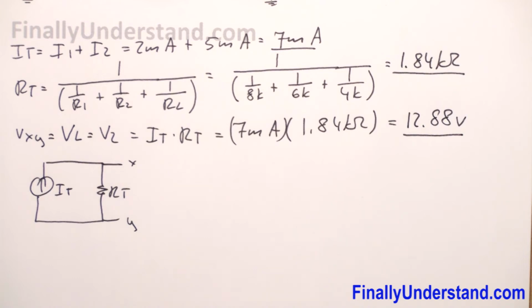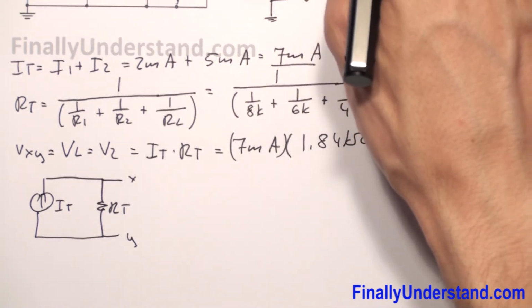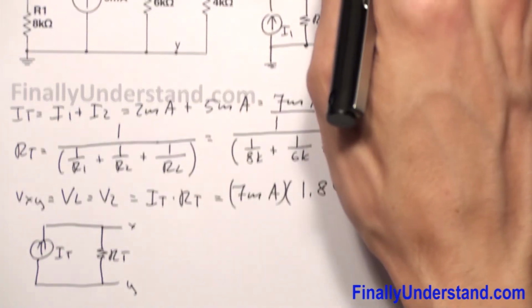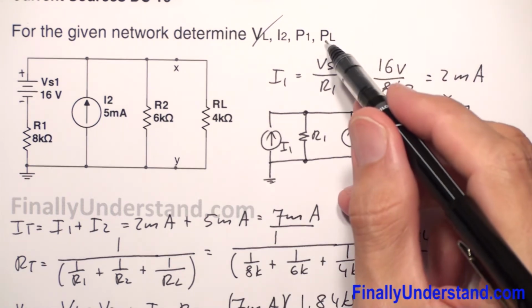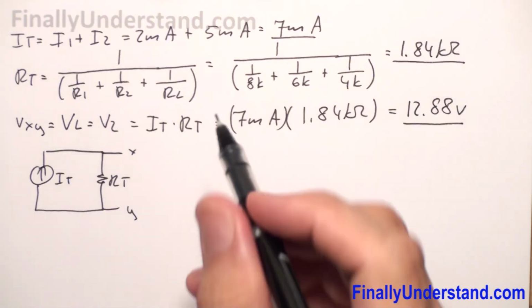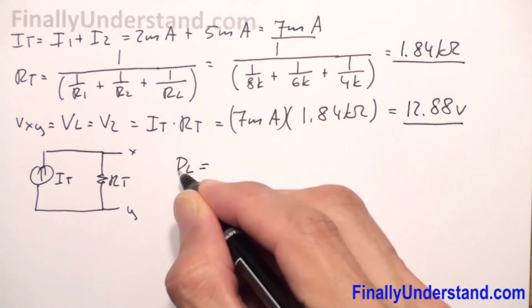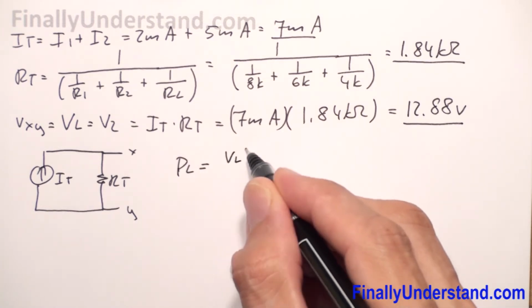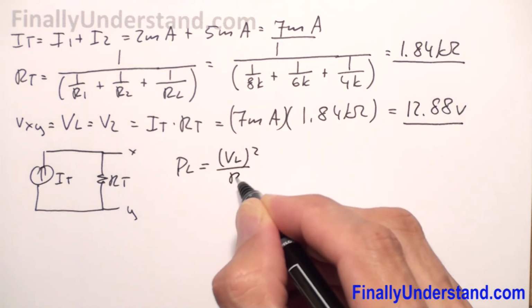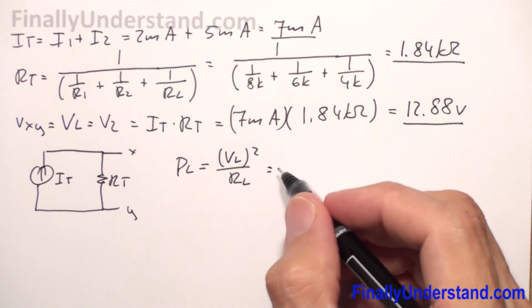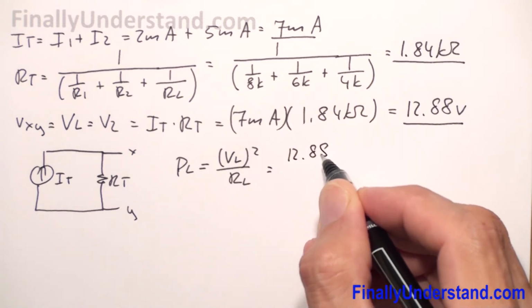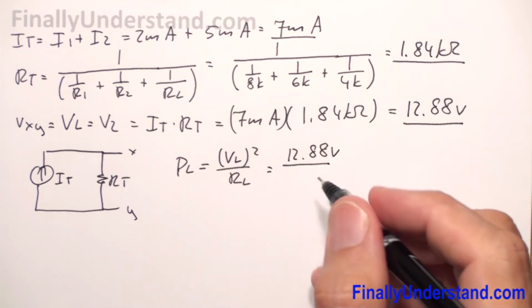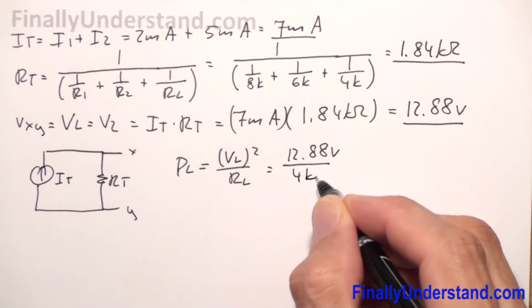Okay, so we found Vxy. Vxy is also equal to VL, so we found VL. Now we can find PL. PL is equal to VL to the second power over RL. This is equal to 12.88 volts over RL, which is equal to 4 kilo ohms.